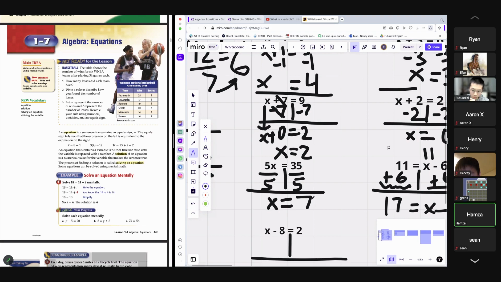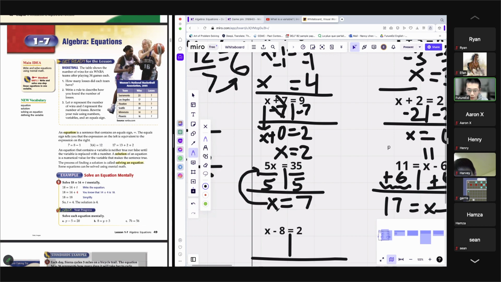Now let's say we got the answer wrong and we threw in a 0. How would you check that x equals 7 is actually the answer? Any ideas, Hamza? Multiply. Okay, we would need to multiply. By what number though? 5.